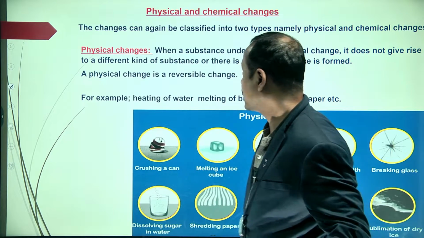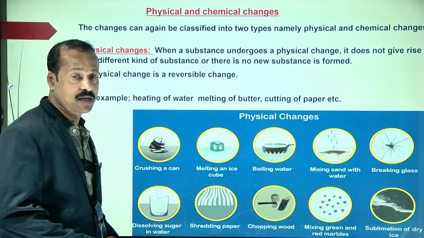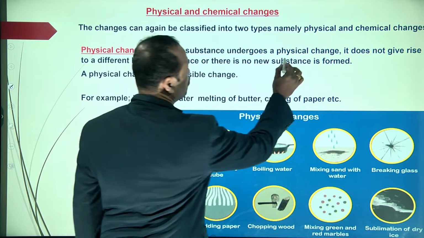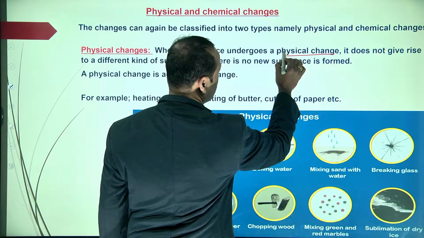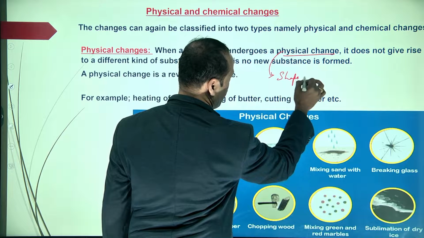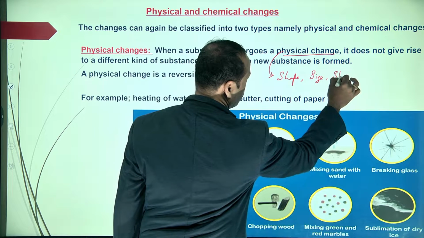So here you see, the changes can be classified into two more types. One is called physical and chemical changes. Physical change is when the substance undergoes a physical change. Physical change means what you have to remember? Shape, size and state.